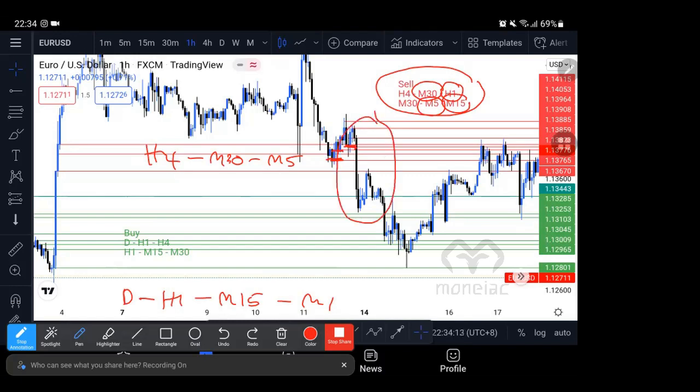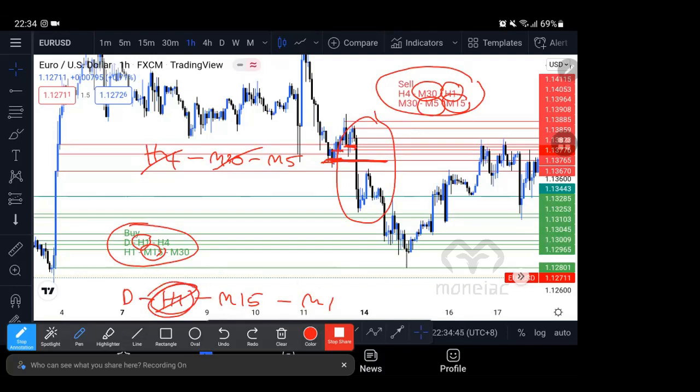While taking our entry at the buy, which is on the H1 or the M15, what we monitor is whether the M15 breaks the M30 or the H1 breaks the H4. For what the market is giving at this moment, we only have the H1 breakout. So the sell bias, the sell momentum, is stronger, right?